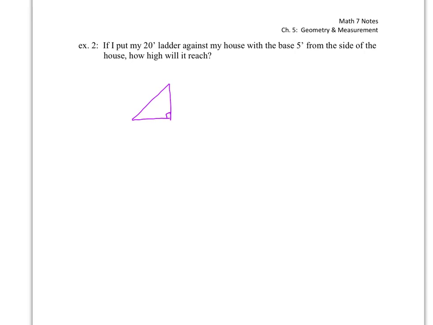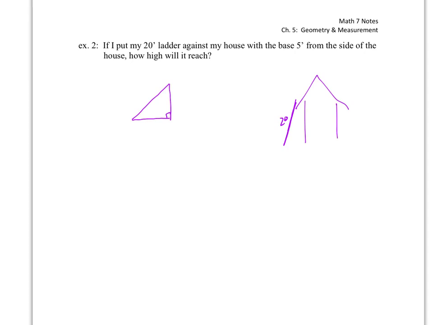Now if I think about this as my house here, I want my ladder to be on my house, right? So I'm going to lean my ladder right here. There's my ladder. How tall does it say my ladder is? 20. And it says its base is 5 feet from the side of the house.